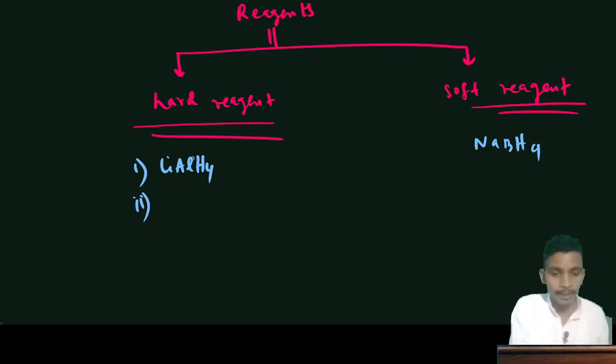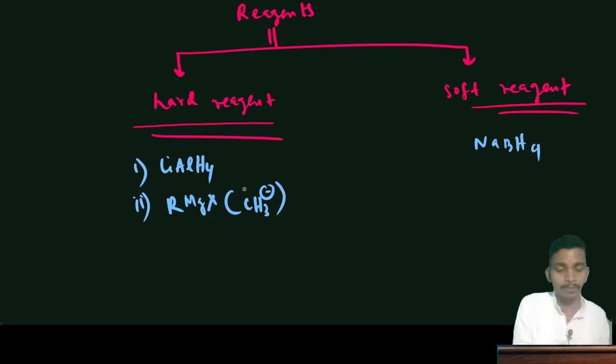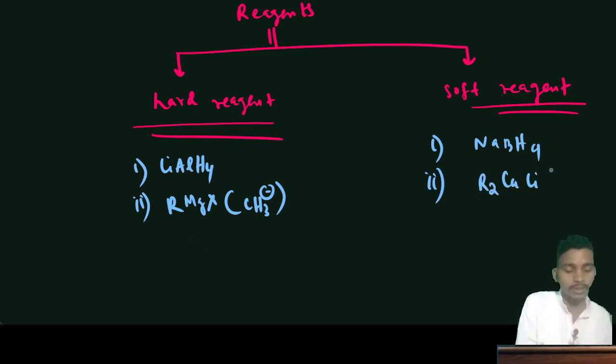And if you have a hard reagent, like a Grignard reagent, because we will discuss after this, that is CH3 minus metal, something like carbanions, that becomes again a hard reagent. And among the soft reagents, if you have R2CuLi, okay, this reagent also falls in the soft reagents.